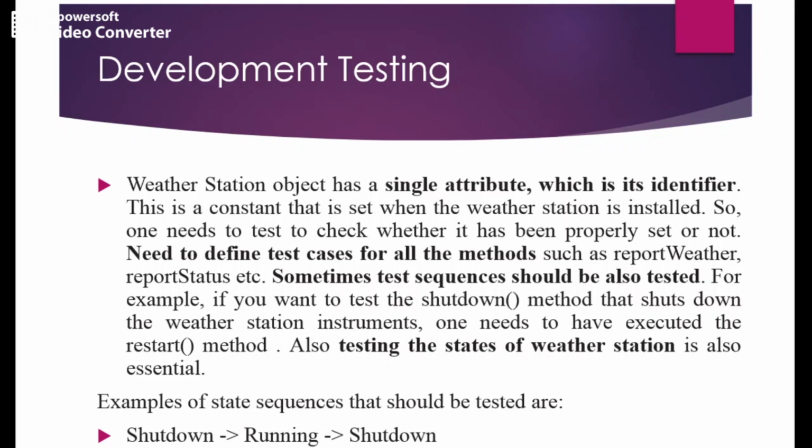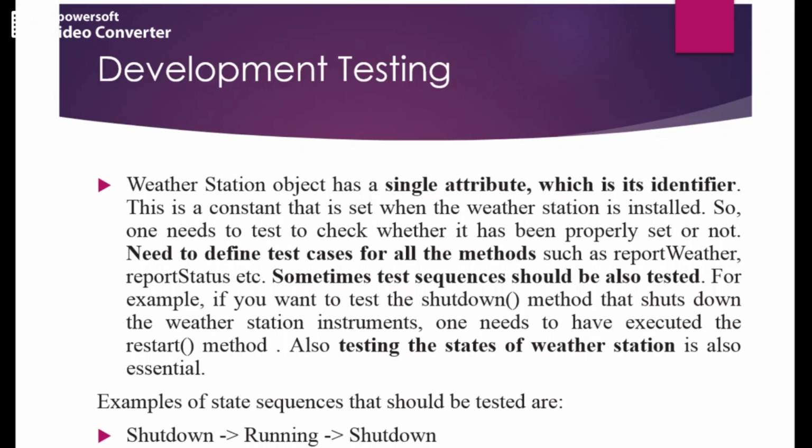Let us take one example, because you have already learnt about the state diagram of the weather station. Here from the shutdown state you move to the running state, and from running you can move back to shutdown state when the shutdown message is received. Now you have to see that this particular test sequence runs properly, that is, when the event is triggered, the state moves from shutdown to running.